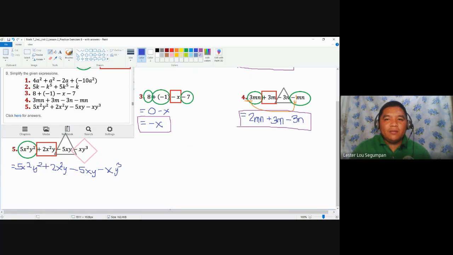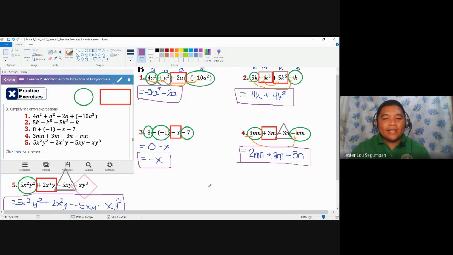None of the terms can be combined. They stay as they are. Do not force to combine unlike terms. Only combine like terms. So these are the answers for practice exercise B for lesson number 2.